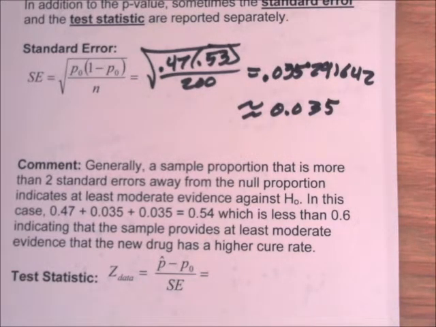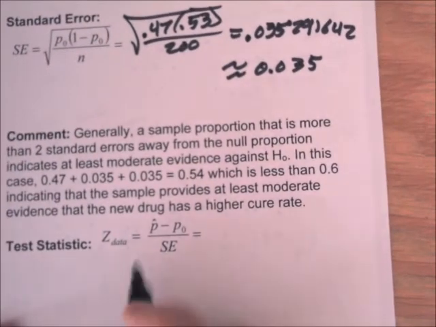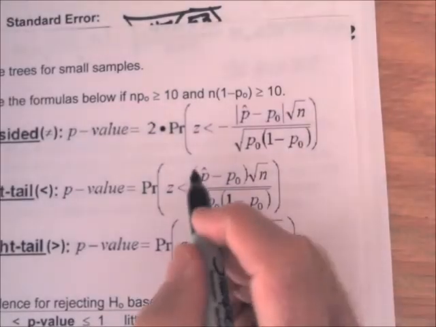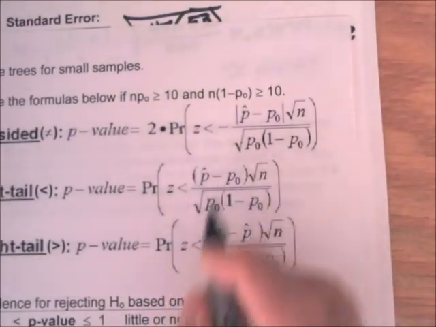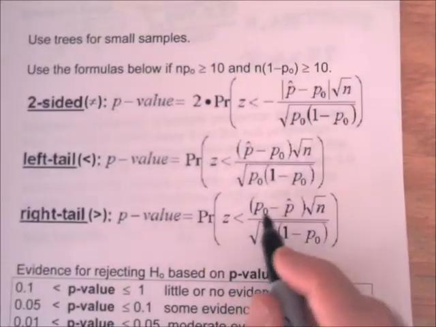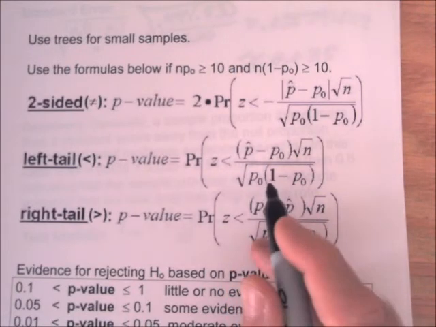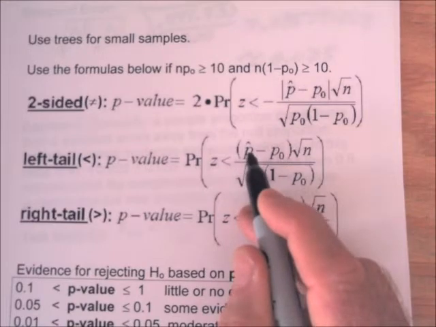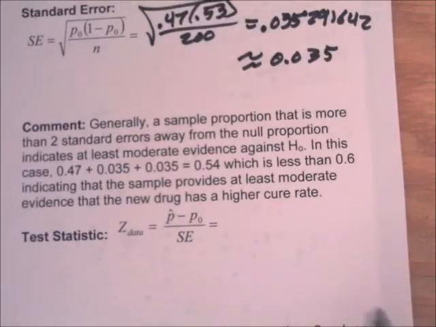We can also compute the z-score for our sample proportion. For the z-score, going back to these formulas again, you notice that for the left-tailed test, p hat comes first. For the right-tailed test, p0 comes first in the formula. But if you're computing the test statistics separately, you want to put the p hat first.